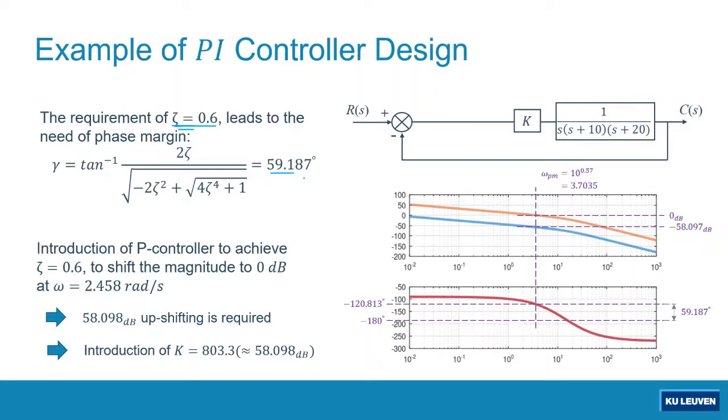And then from this phase margin requirement, we define the phase margin frequency that will give this phase margin requirement, right? That's how we designed the gain in our PI controller before. But apparently if we do it like this, there will be a deficit of the phase margin because of the approximation of the phase plot in the PI controller, just like what we discussed in the previous slide.